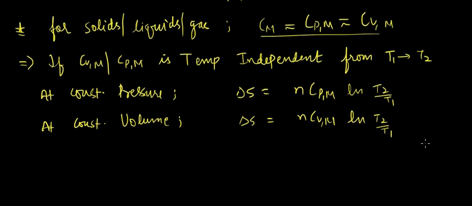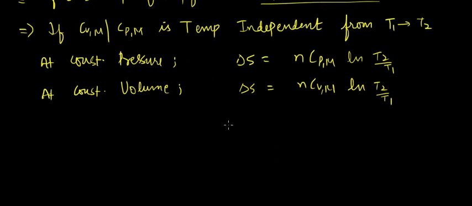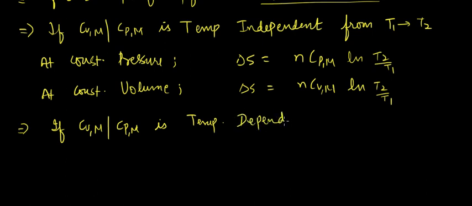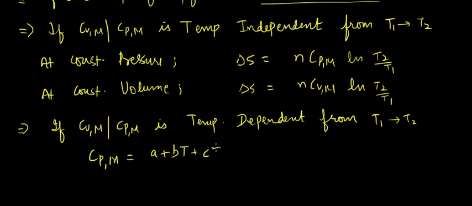Next point is, if the Cpm or Cvm is temperature dependent from T1 to T2, then let's see what happens. If Cpm is temperature dependent from T1 to T2, then we can write that Cpm equals a plus bT plus cT square.